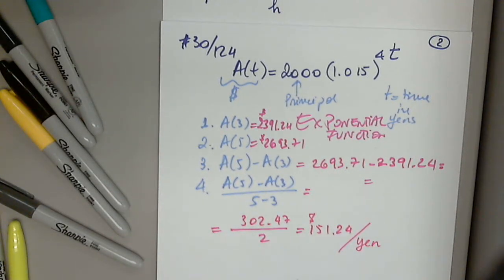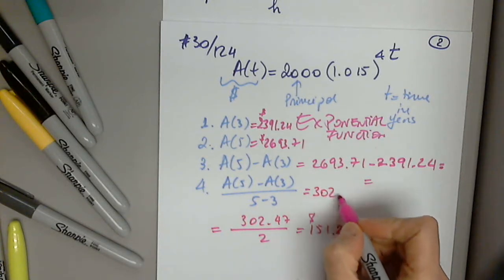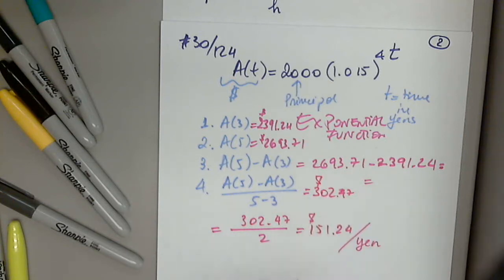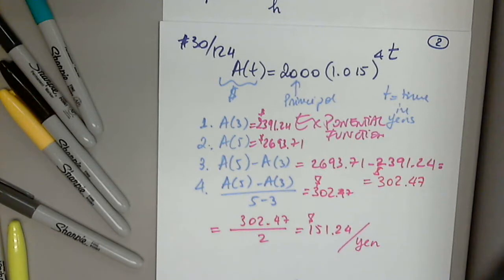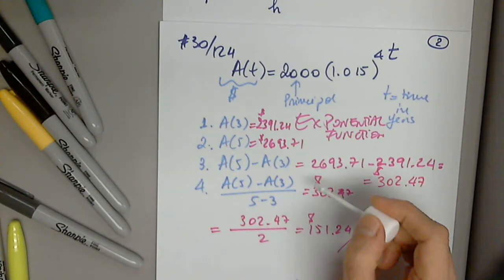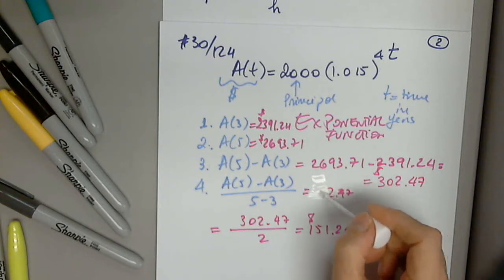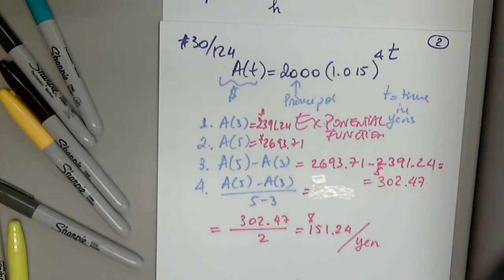So all these amounts, let me also write it here, 302.47. All these amounts, a difference, were in dollars. But the average rate of change between those 2 years, of course, has a totally different measurement unit.